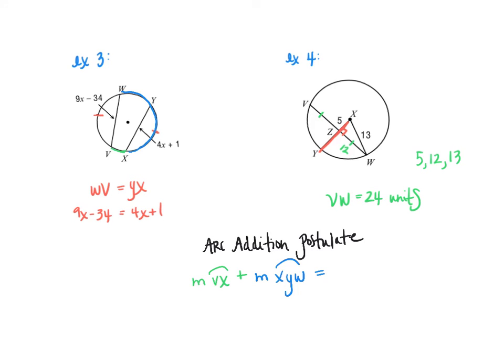If we have the first arc plus the second arc, it has to equal the measure of V, and we could call this VXW, or you could have called it VYW, but that's your arc addition postulate. So the first piece plus the second piece equals both of those pieces together.